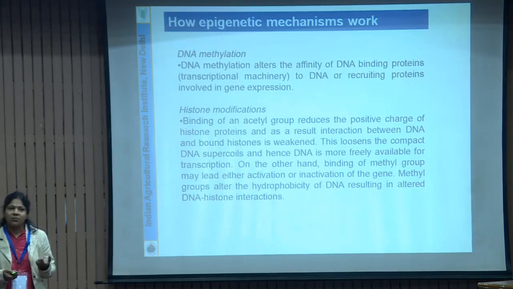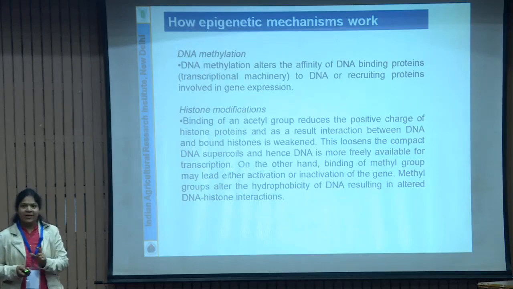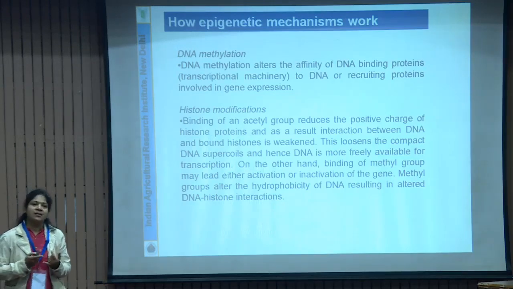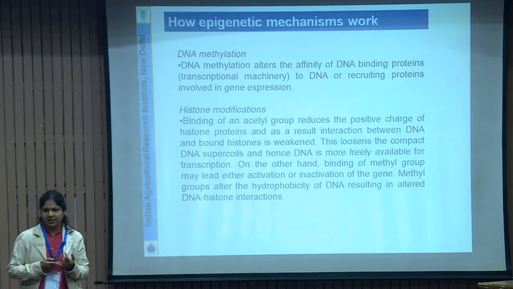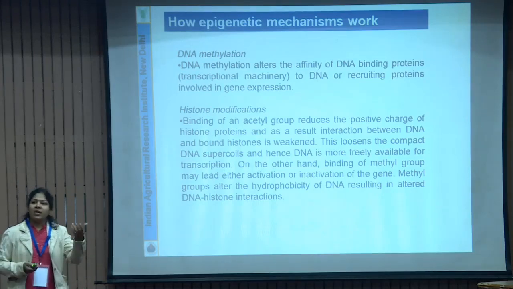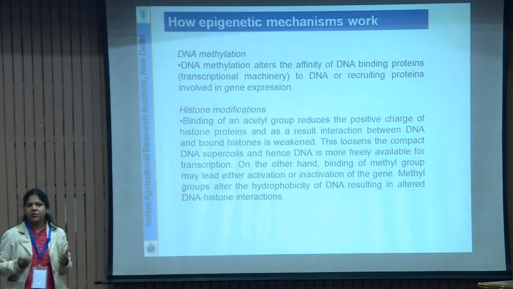For that, RNA polymerase, transcription factors and different activators have to bind on DNA. But when the DNA is methylated, it changes the affinity of DNA to these transcription factors, activators and RNA polymerases. As a result, DNA is not accessible to RNA polymerases and different types of transcription factors.